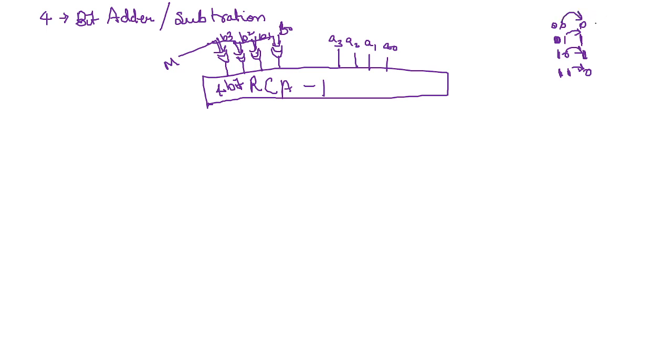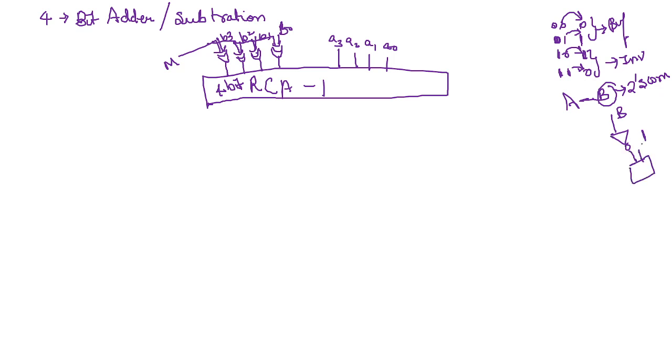So when it is 0, it is acting like a buffer. When it is 1, it is acting like an inverter. And I want A minus B. So I have to take the 2's complement of this B. So I have to first apply this B through a NOT gate, and then I need to add 1 to this to get the 2's complement result.